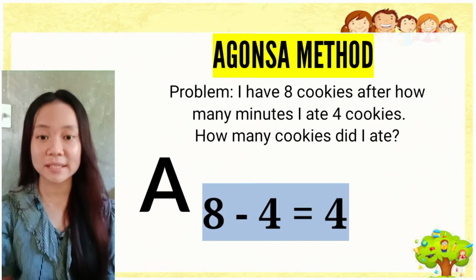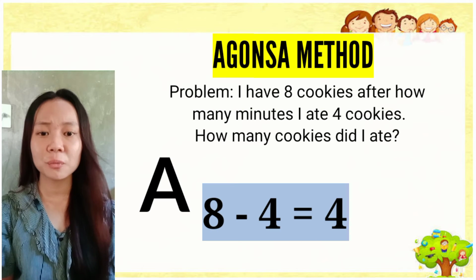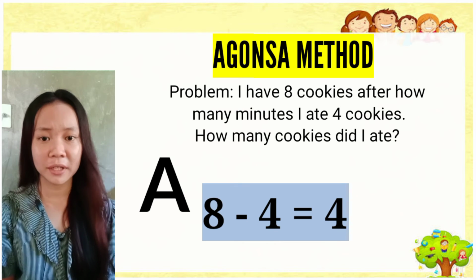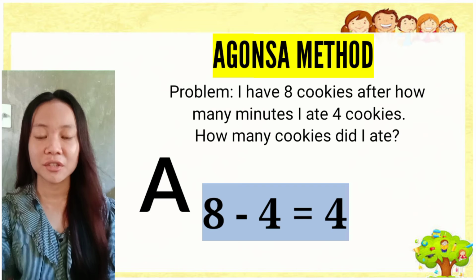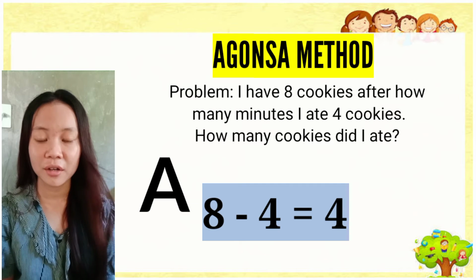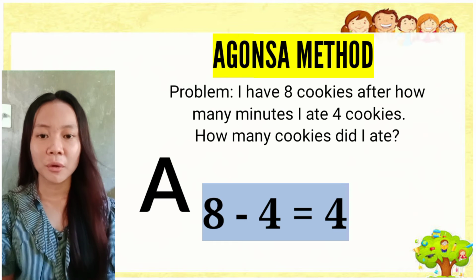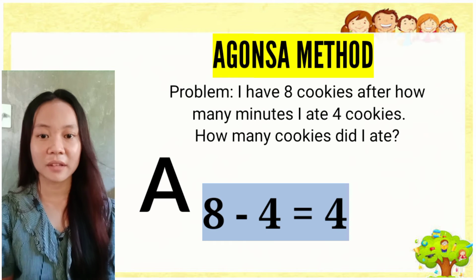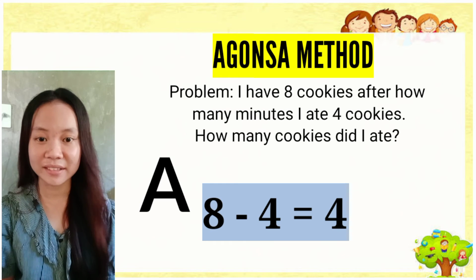So next is the answer. If we subtract 4 from 8, what will be our answer? So the answer is 4. So we can say 4 cookies is the cookies I ate.